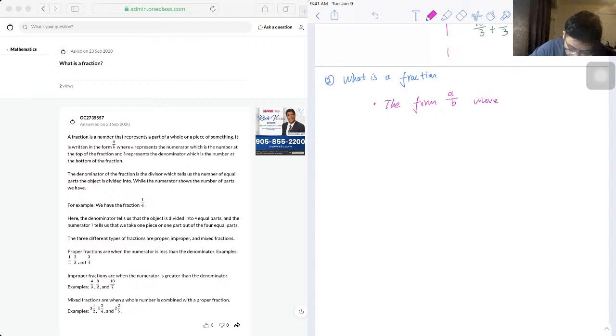where A represents numerator, where B represents denominator. And also, let's define numerator and denominator.